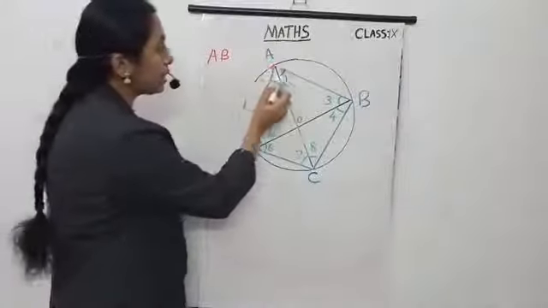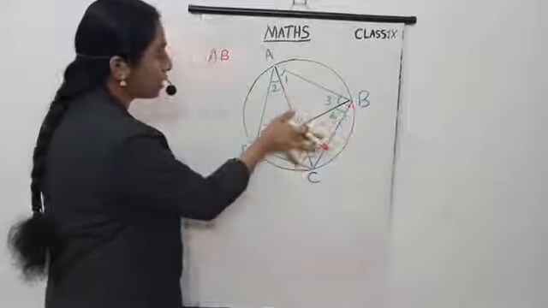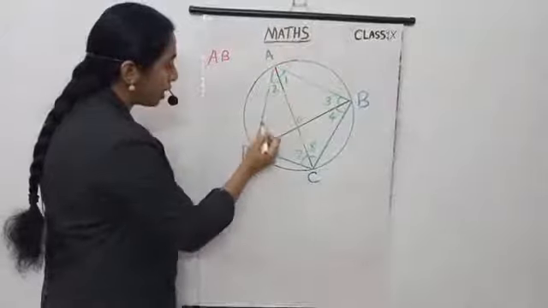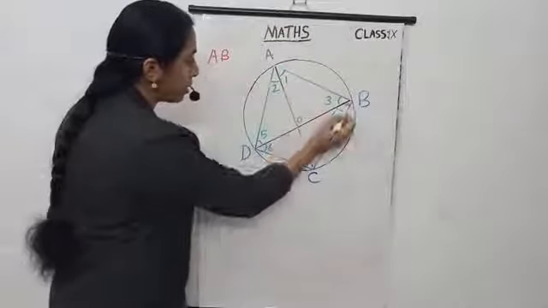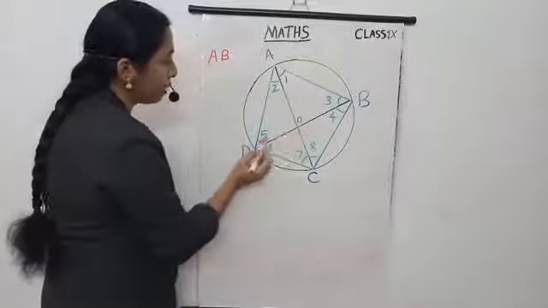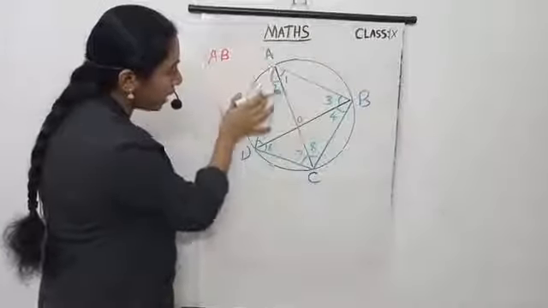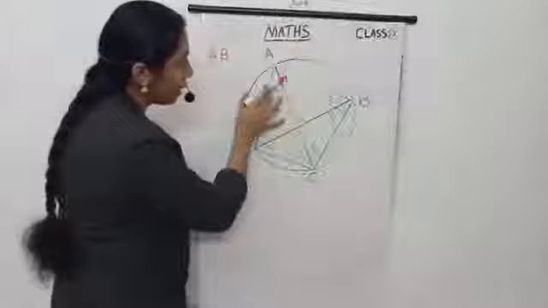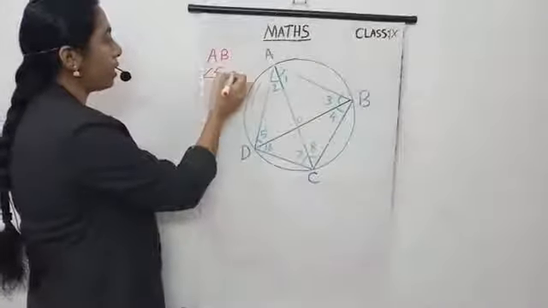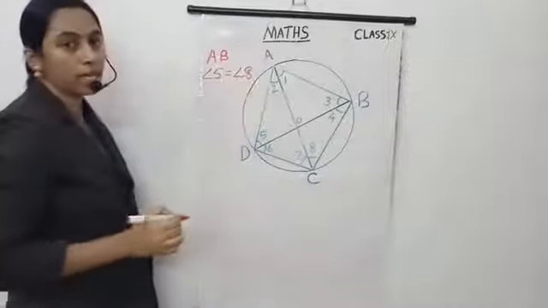So consider this chord, then this is the segment. One angle is ADB, that is angle 5, and the next angle is ACB. That is, angle 5 equals angle 8.